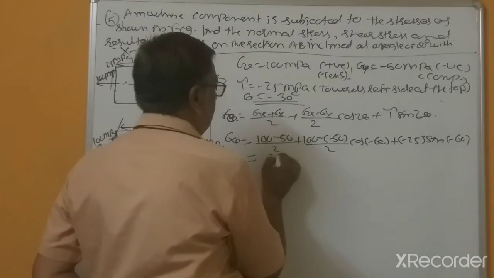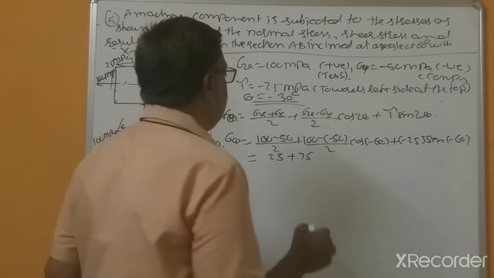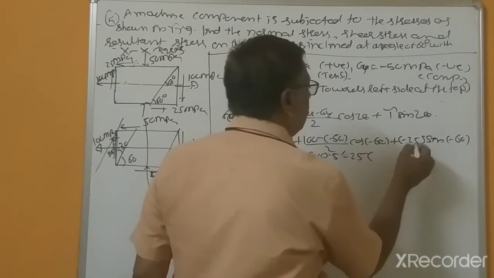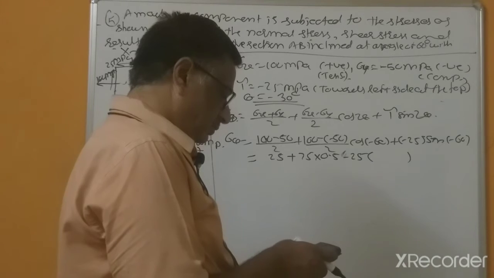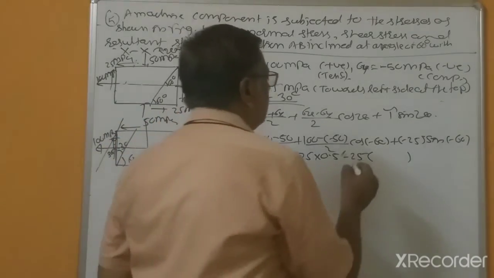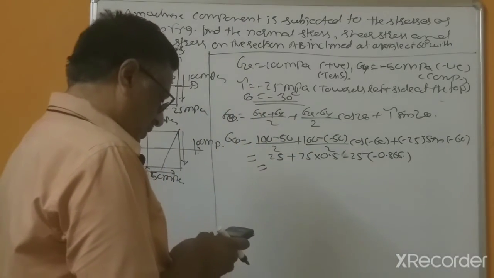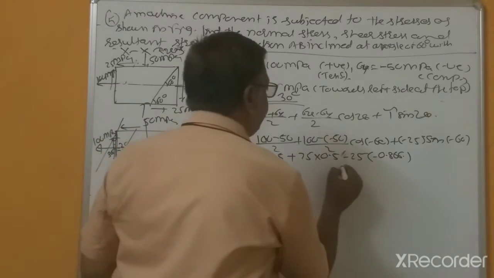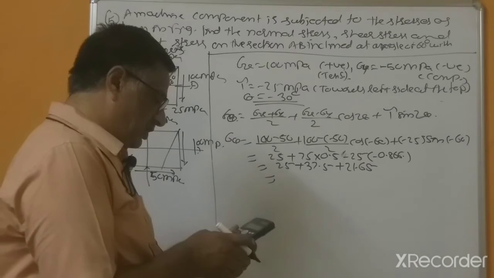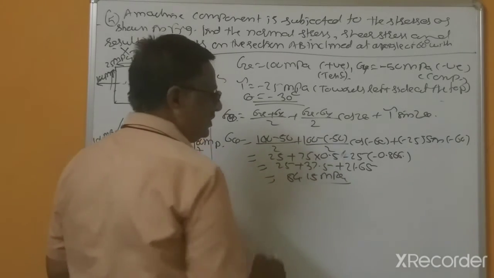So this is 150 divided by 2, 75 multiplied by cos 60 means 0.5, plus, and this is minus 25 into minus 0.866 multiplied by 25, this is plus 21.65 and this is 37.5, and this is 25 plus 37.5 plus 25, this is equal to 84.15 megapascals. So this is normal stress.